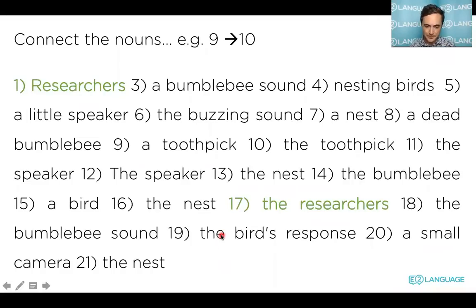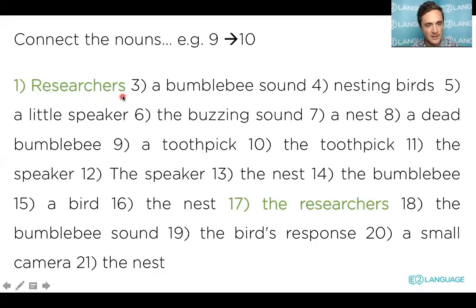So, what I want you to do now is I want you to connect the nouns. I've stripped out all the other words from the paragraph and I've just left the nouns and the adjectives and the articles. What I want you to do is find within the paragraph the connection between the nouns. For example, don't worry about 9 and 10, 1 and 17.